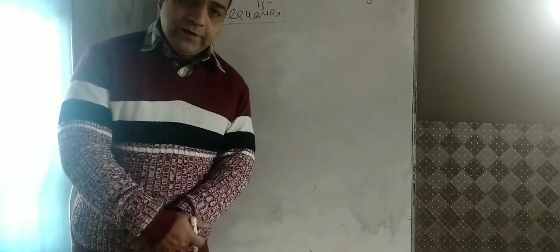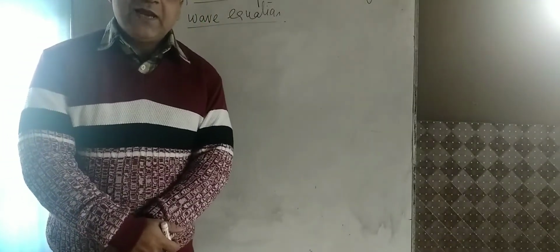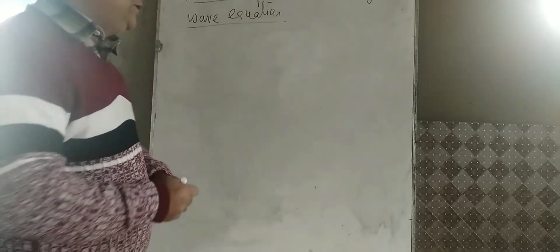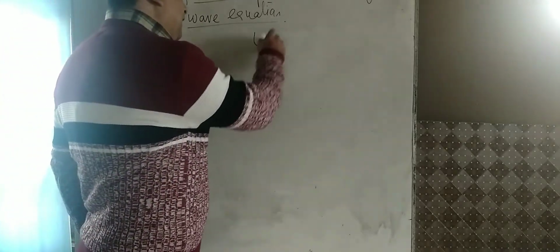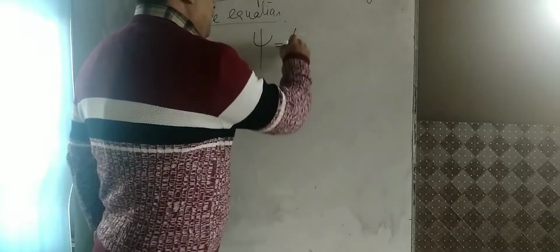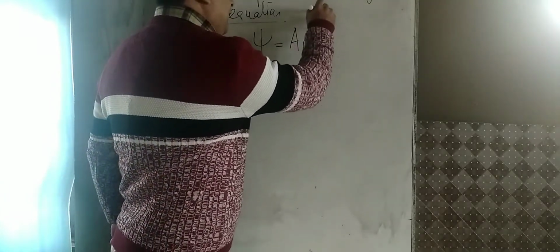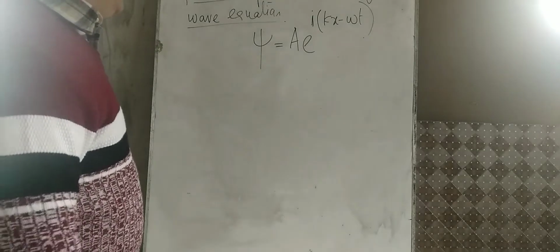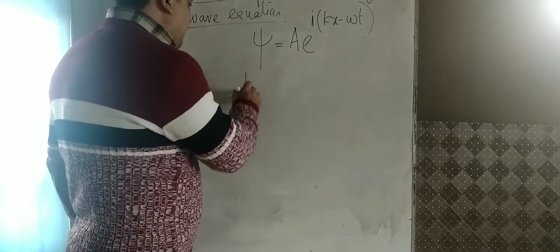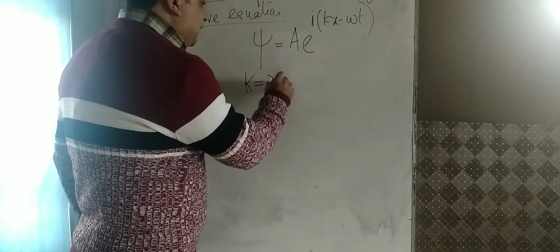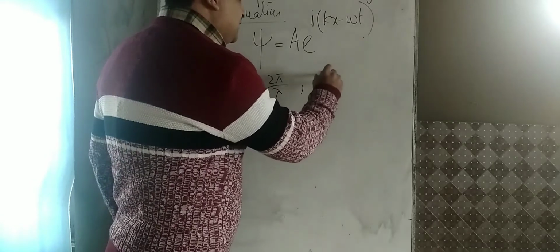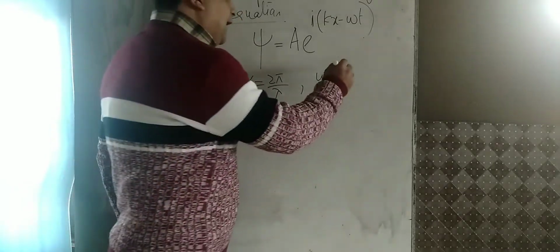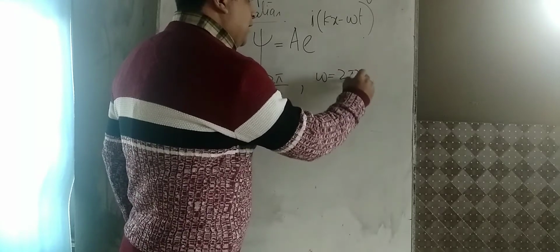In the previous video we worked out Schrodinger's time independent wave equation, and we started with the wave function psi as A e to the power of i(kx minus omega t), where k is the propagation vector whose value is 2 pi by lambda, and omega is the angular frequency, which can be written as 2 pi nu.